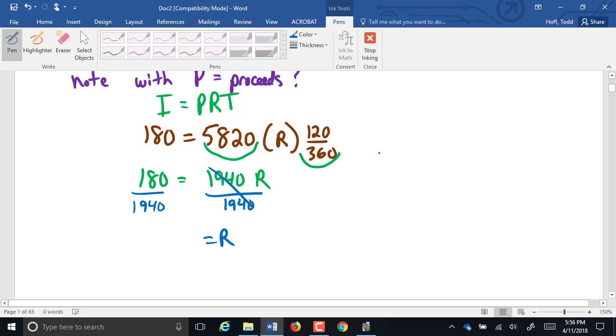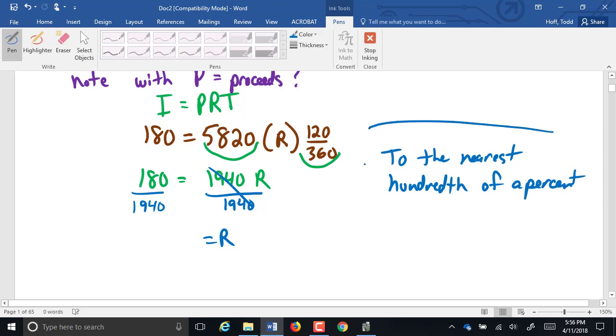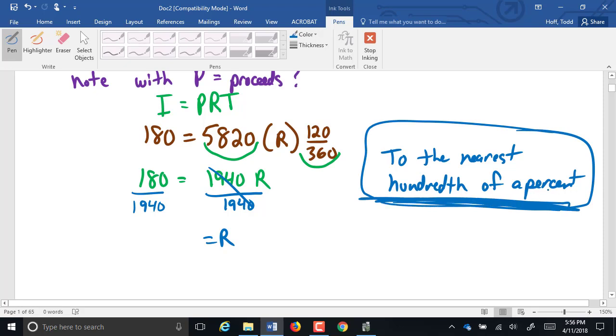Now let's say I want the effective rate to the nearest hundredth of a percent. This is going to be very common if I do not specify otherwise in the problem. I want the effective rate to the nearest hundredth of a percent.